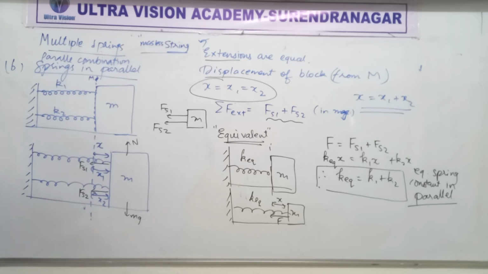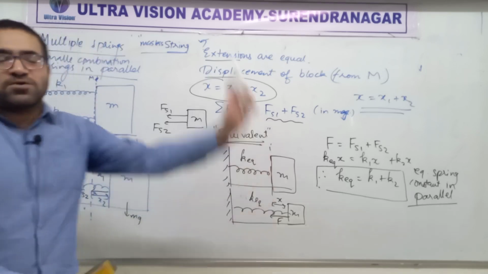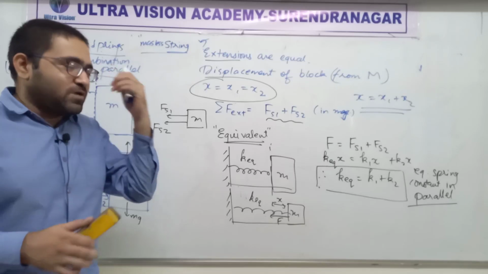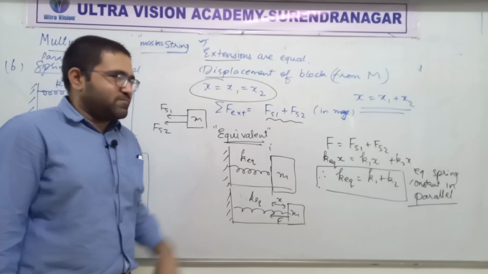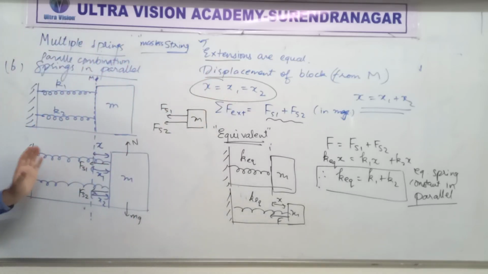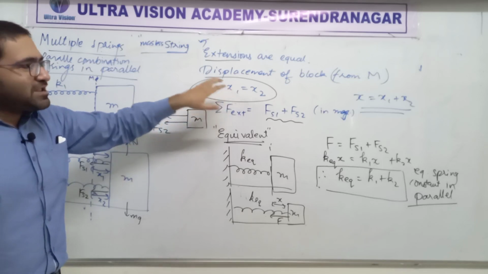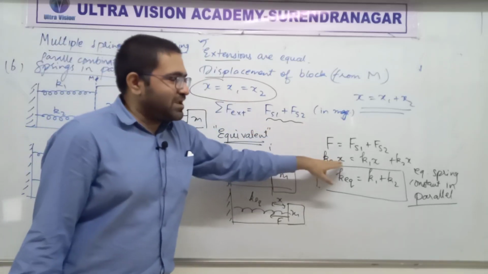Okay, now hopefully you have understood the theory here. Just revising things quickly, how does the whole thing work? First of all, let me tell you about parallel because it's right over here on the board. In parallel, we are seeing that extensions are equal. Diagram helps tremendously, doesn't it? Drawing the diagram makes you immediately realize that extensions are going to be the same. If extensions are the same, then you write F equals K equivalent into x.